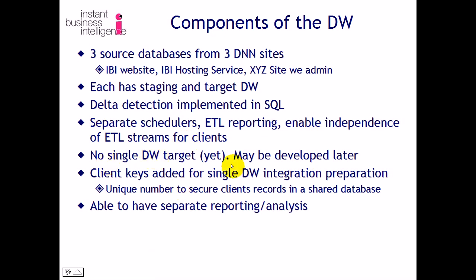Now, there's no single target data warehouse yet, and we may develop that at a later date. So, for example, one of the ideas that we have is that there would be one pricing structure for a DNN customer that has his DNN hosting, his DNN data warehouse, and his own databases that nobody else can see, and a different pricing structure for customers who say, okay, well, I'm prepared to share my data in a single database if I get a cheaper price.